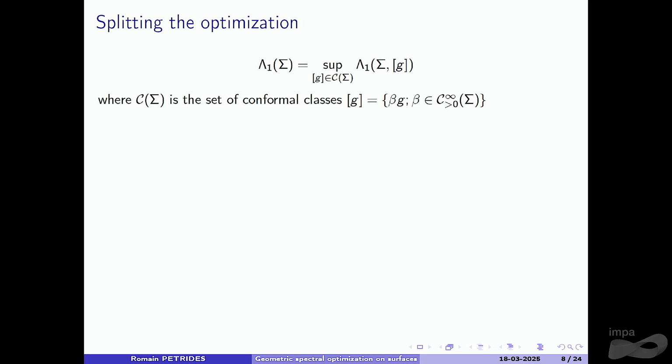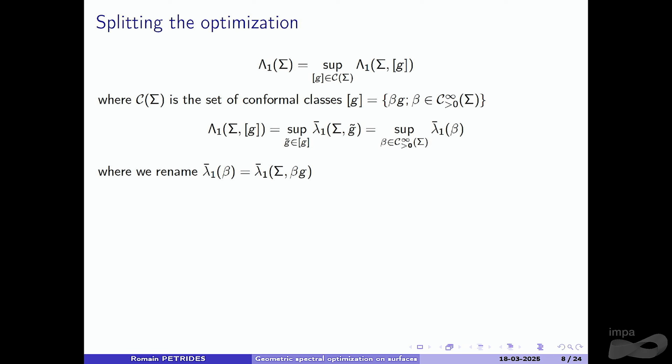So here, lambda 1 of sigma is the supremum over all the metrics, and I split the optimization into optimization over the conformal classes of this invariant, lambda 1 of sigma g, which is a supremum over all the metrics in the conformal class. So why is this convenient?